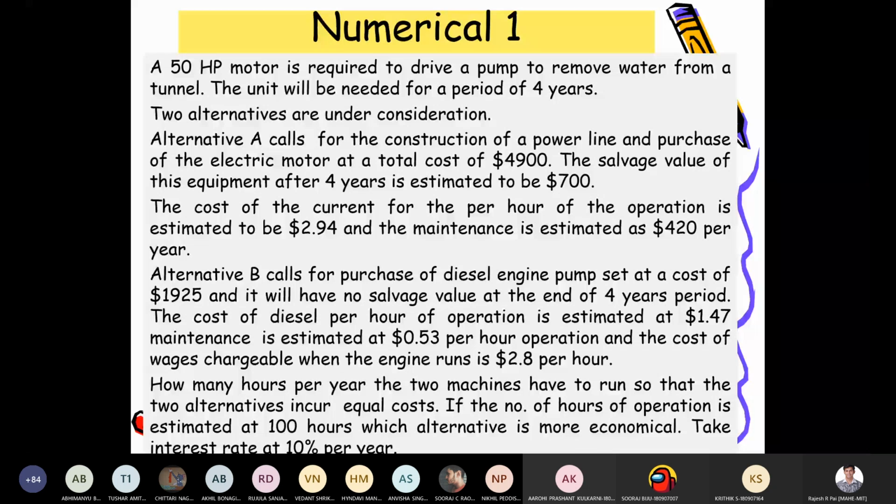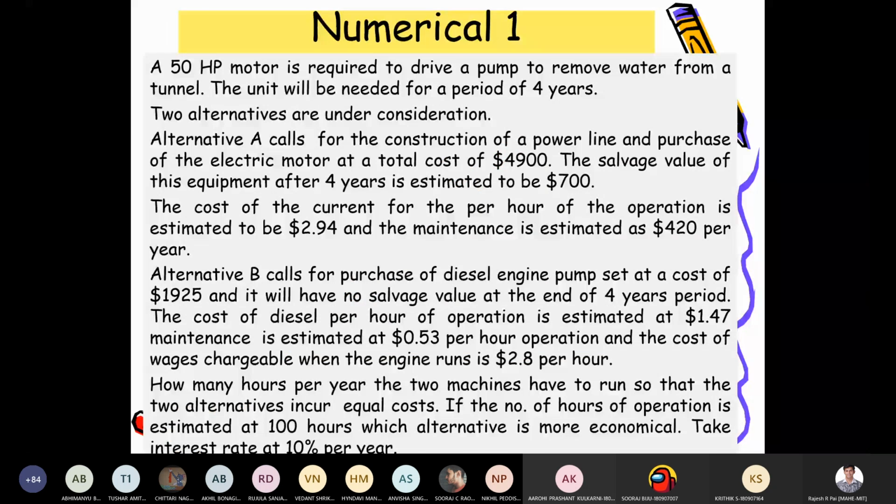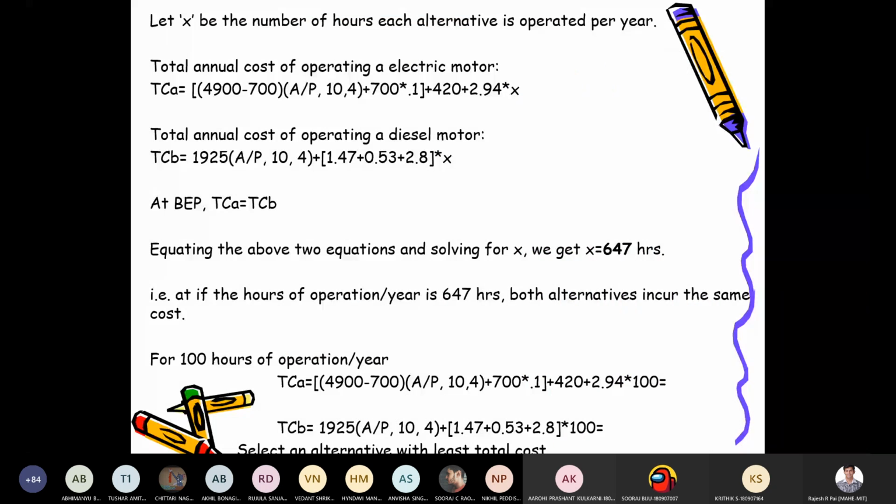When we have two cost-related factors, we generally take into consideration the capital recovery cost. That is P minus F, A by P, I to the power N, where N is 4 years, since we require those components or alternatives for a period of 4 years, plus F into I. That is the capital recovery cost.